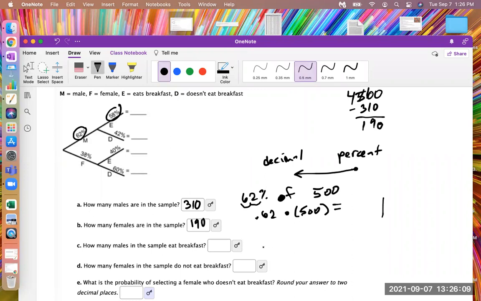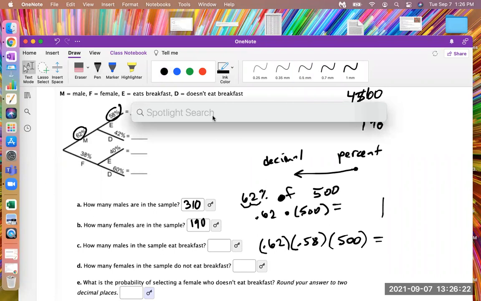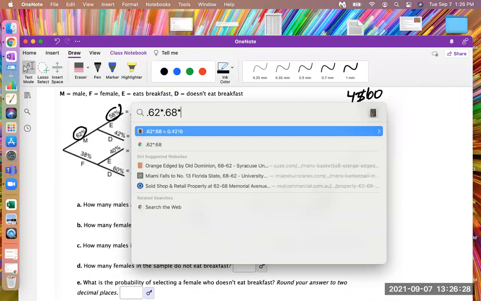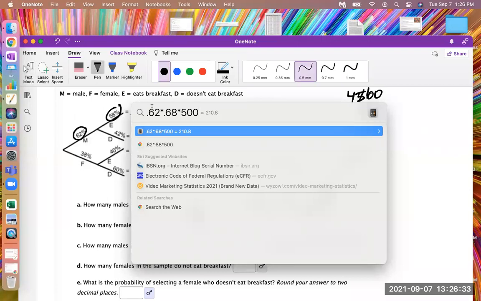So we can do 0.62 times 0.58 times 500, and that gives me 210.8, which will round to 211.